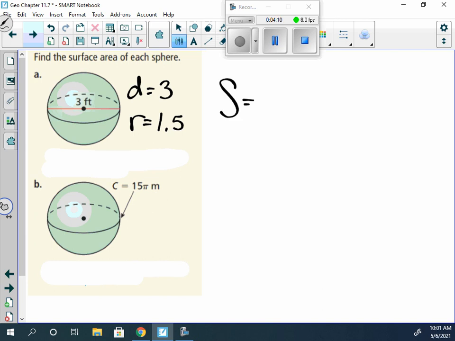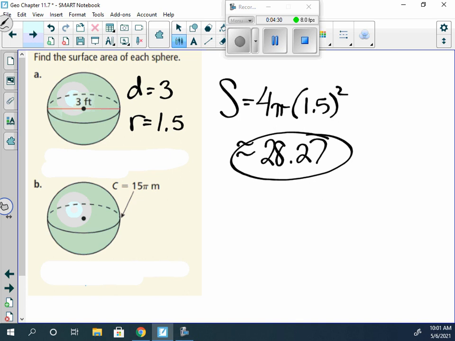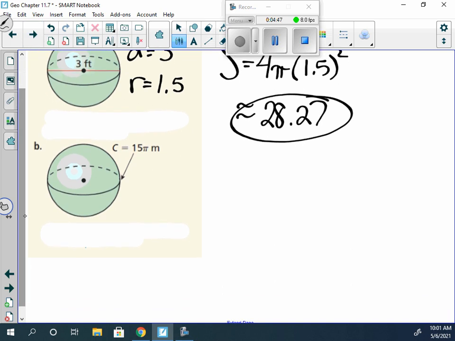So the surface area of this is going to be 4 times pi times 1.5 squared. Again, we can plug this straight into the calculator. Because of the 1.5 squared, since we have a decimal there, it's converting everything into a decimal, so we get a massively long decimal for this one. Any questions on letter A, the sphere with a diameter of 3?